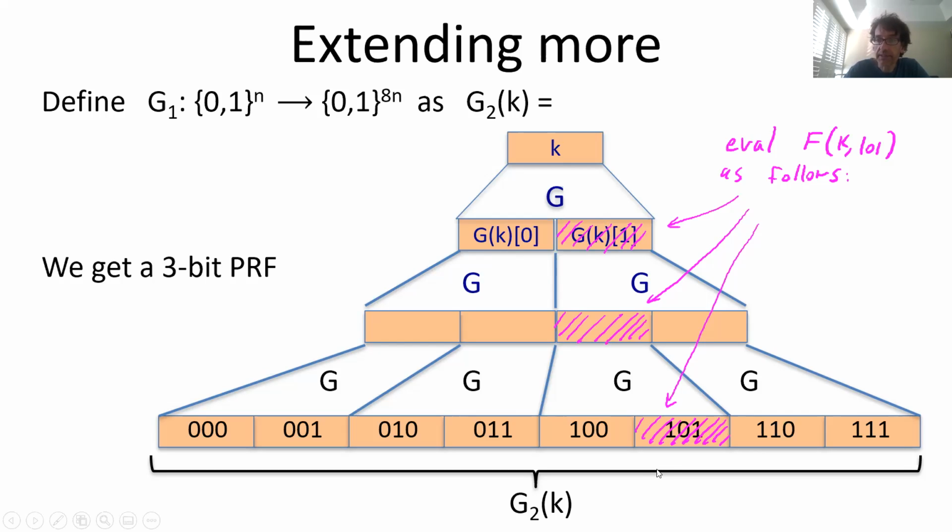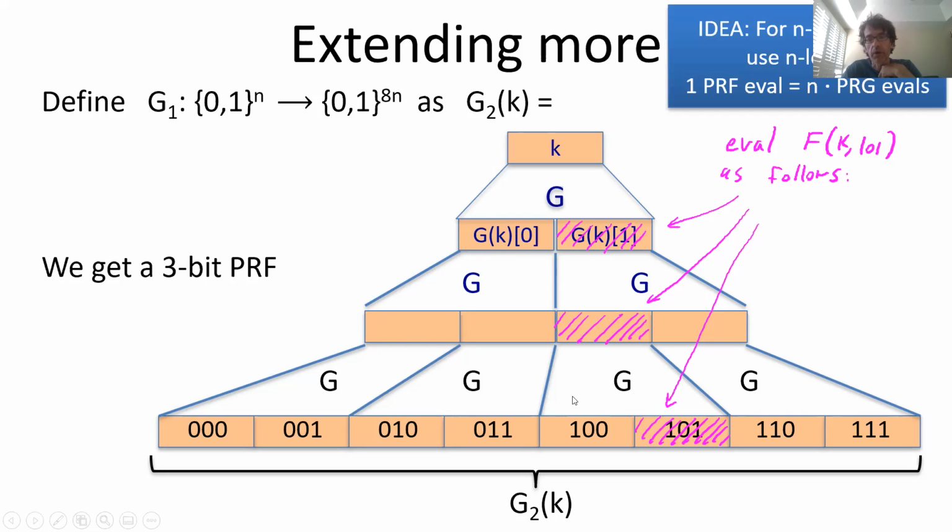But you see now that the block size is not such a big issue. If I want a larger block size, I just have to go deeper into this tree. But still, this is rather expensive.